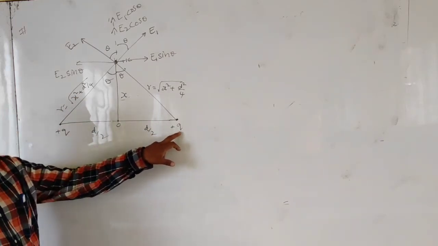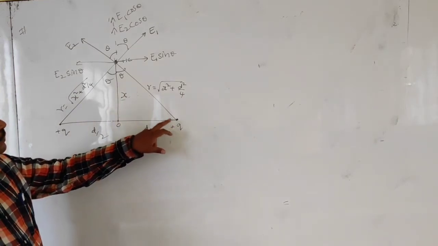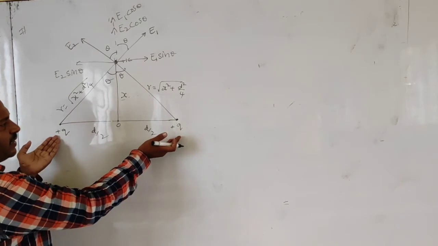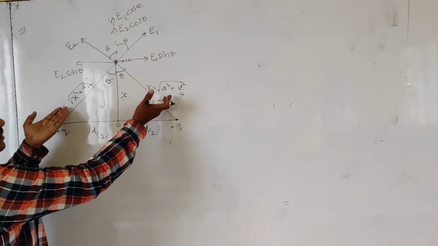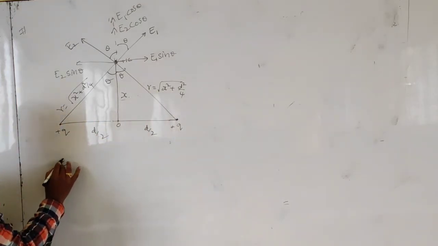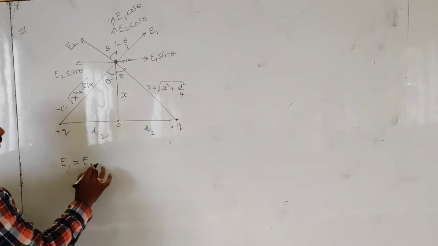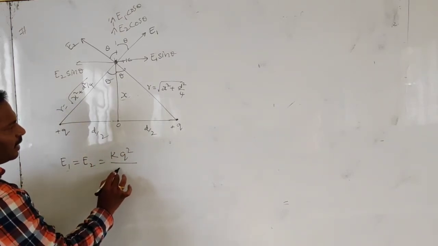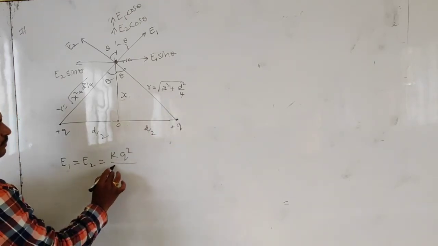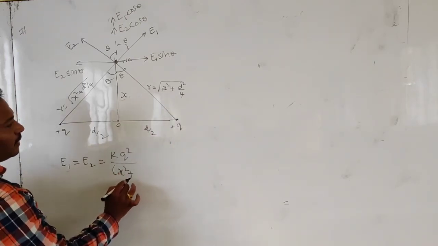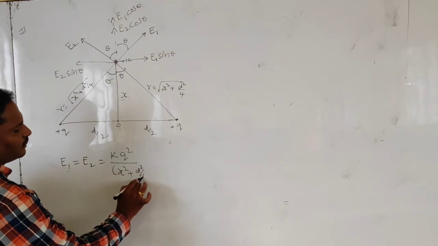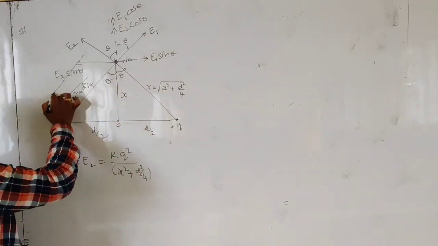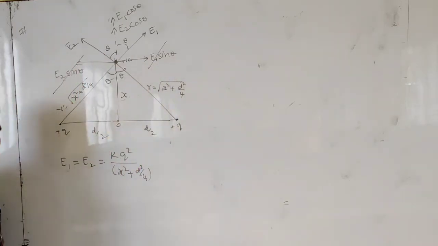Both have the same magnitude of charges, so the same intensity of electric field. E1 equal to E2 equal to K Q by R square, that is K Q by x square plus d square by 4. Here E1 and E2 are the same, so these two sin components cancel each other.